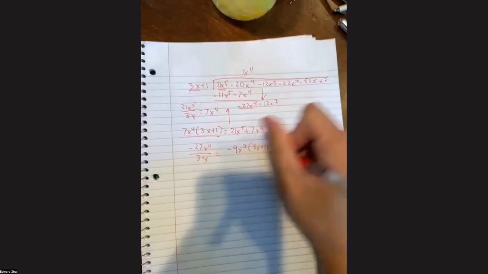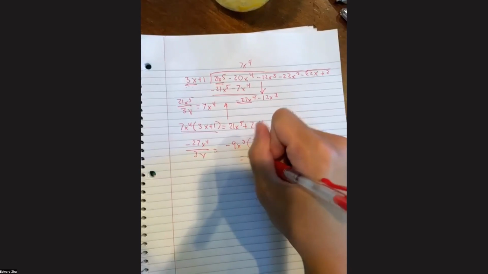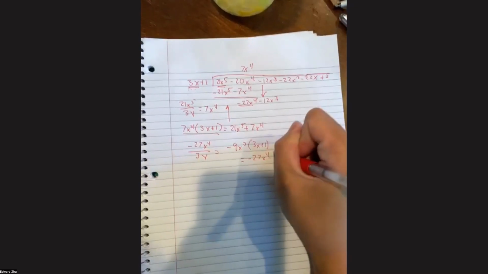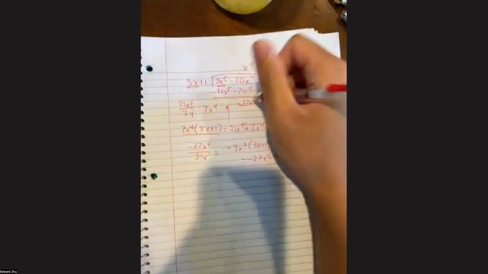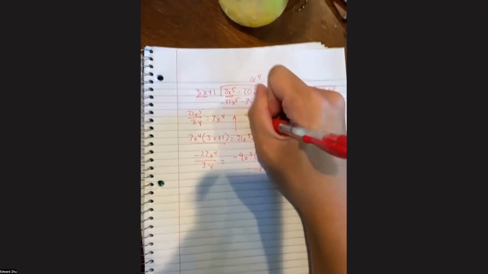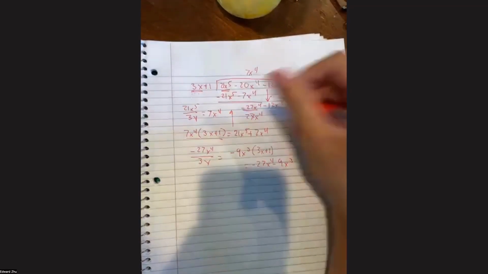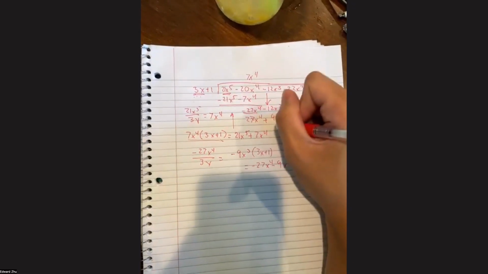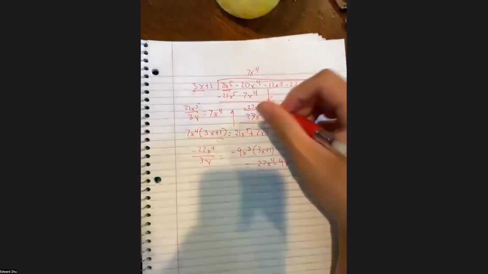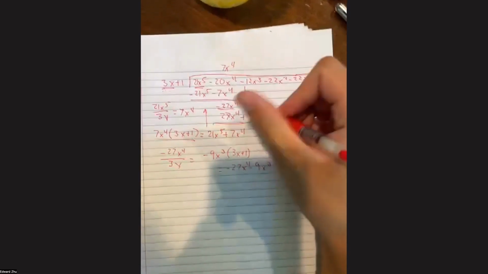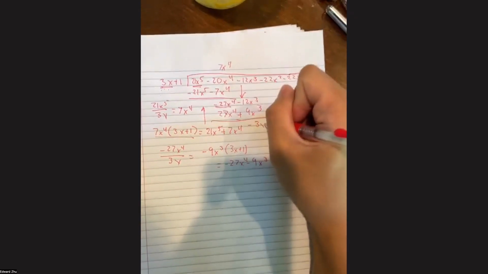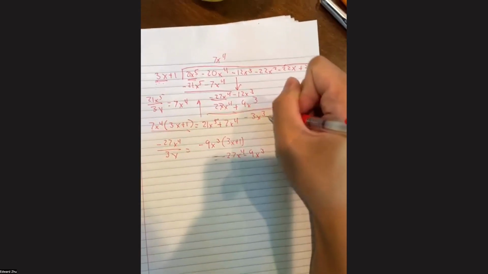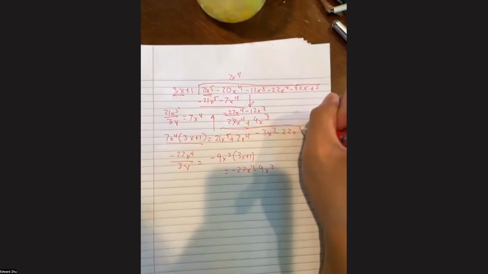What would you get? You would get negative 27x to the 4th minus 9x cubed. Subtract it from the other number, plus 9x cubed. You would get negative 3x cubed minus 22x squared.